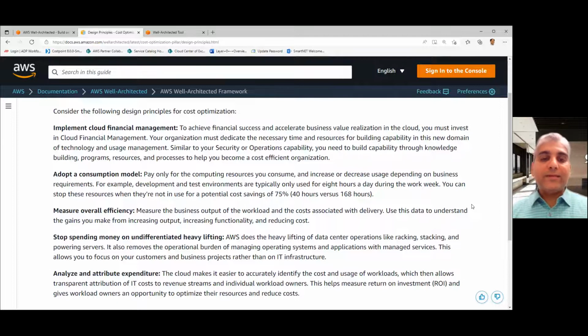And then analyzing and attributing that expenditure. So this design pattern is more about making sure that you're tagging your costs in a way that you can identify which team, which workload, which business function has what cost associated with it. And so you're able to then evaluate and analyze that to say, okay, maybe we're spending too much money on this one service that's not actually creating that much revenue for us.